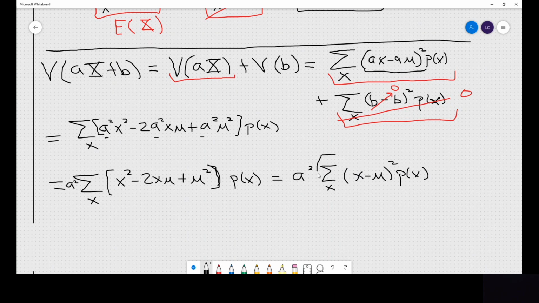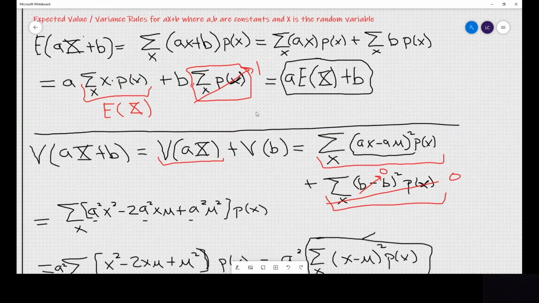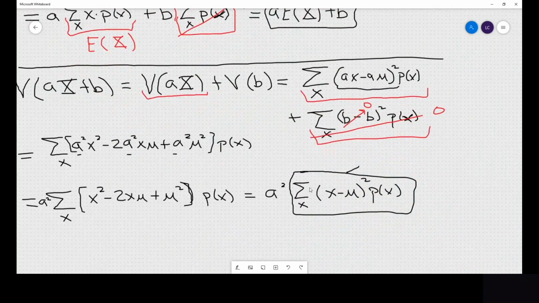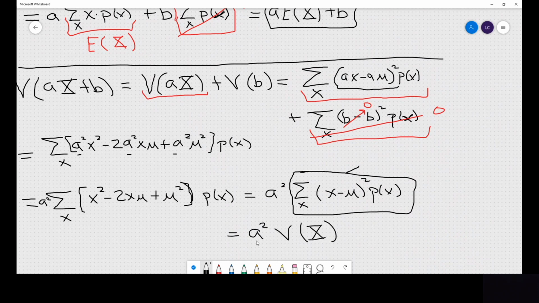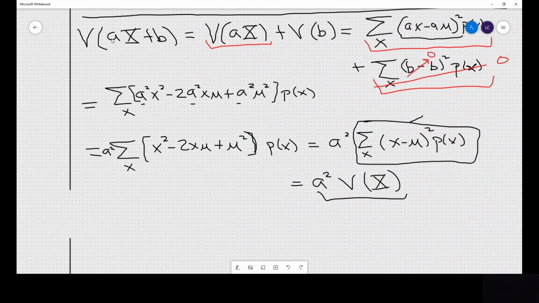And what is this guy? I guess I should have put that in another color. This is just the definition of variance, so we're going to just call this what it is. It's equal to a squared variance of x. So look what happened.